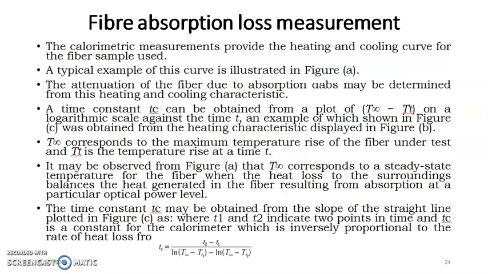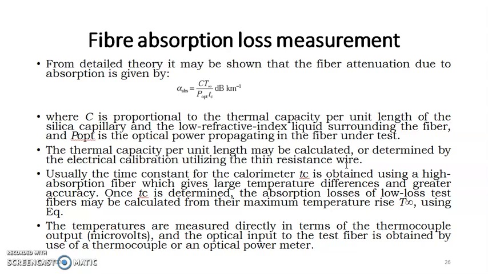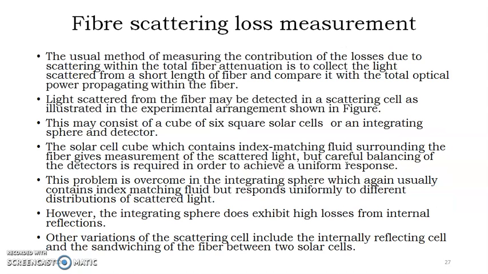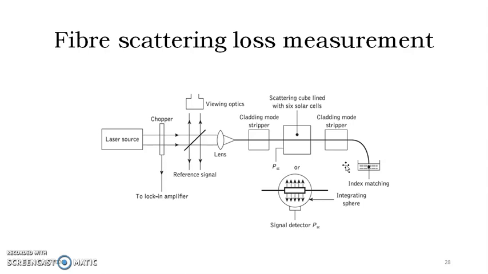So we can measure this loss. And this thermal capacity, the C factor, depends upon the length of the fiber. That's why a time constant is obtained using a high absorption fiber, which gives a large difference. So we can consider the absorption there.